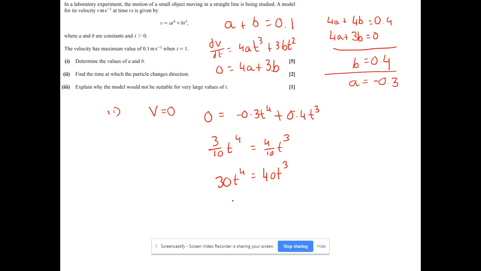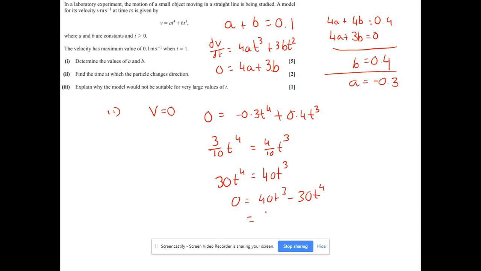So we end up with 0 equals 40 t cubed minus 30 t to the 4. I just realised I didn't need to do that at all, but anyway.